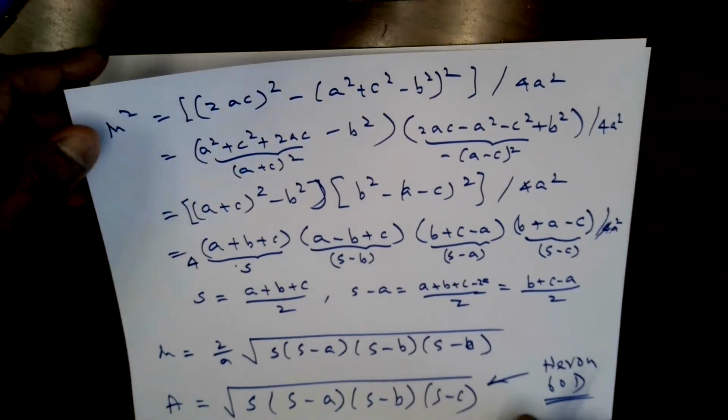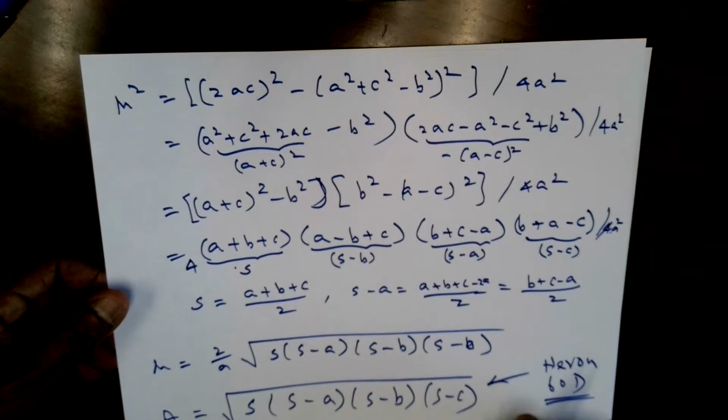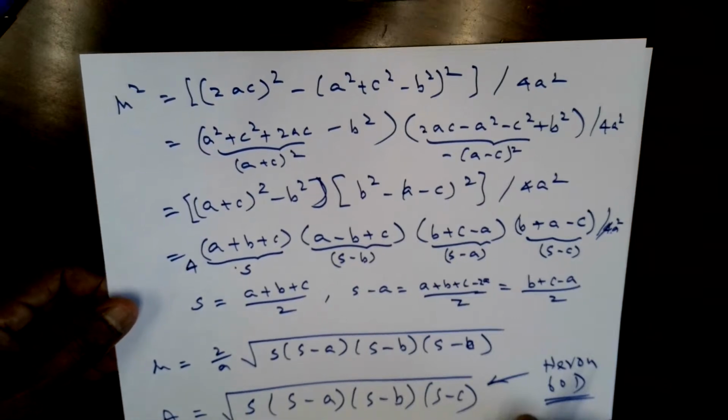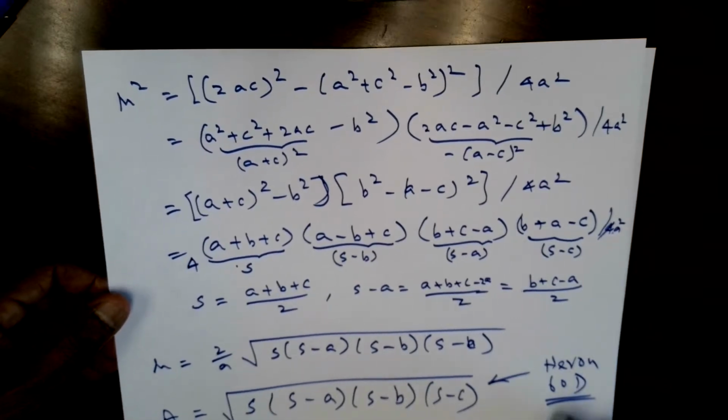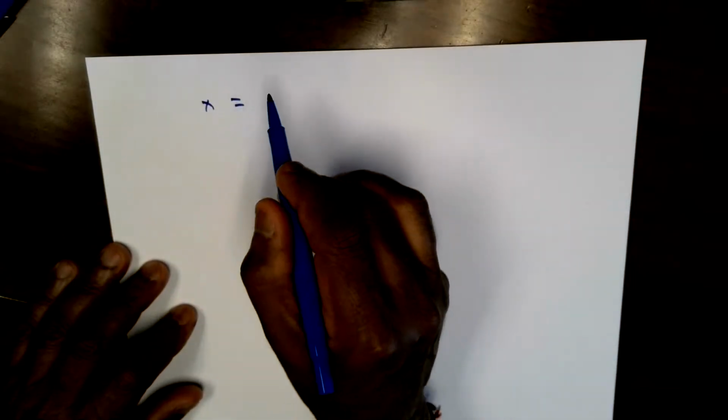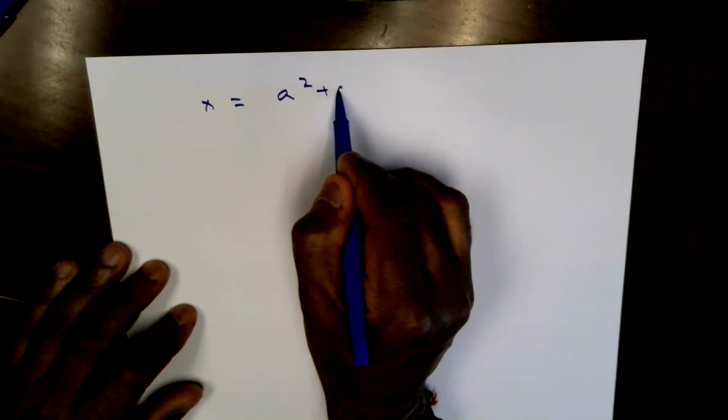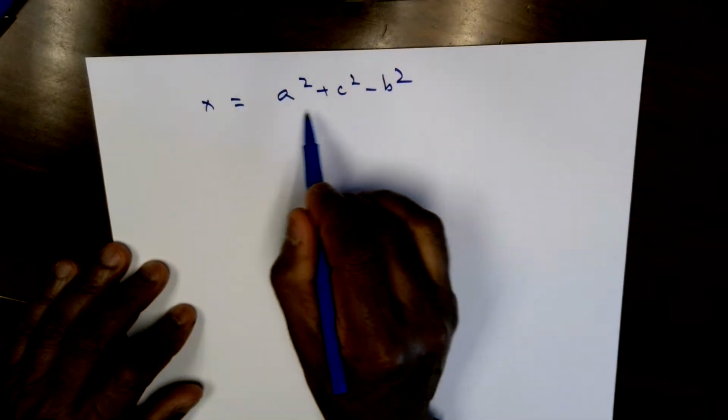When I am at this, I can also get the relation for sin A and cos A in terms of the sides. So for that, we look at once again x. We decided x was a squared plus c squared minus b squared over 2a.